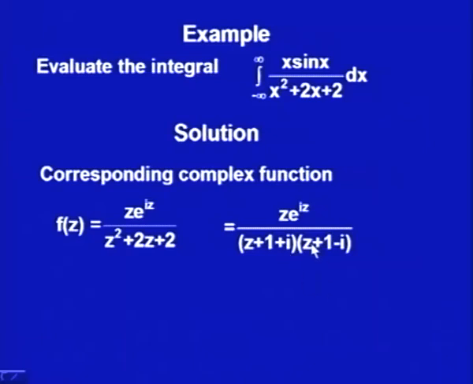So we have one pole, or one isolated singularity, in the upper half plane, and that is also a simple pole, and q(z) is not 0 at that z naught point.